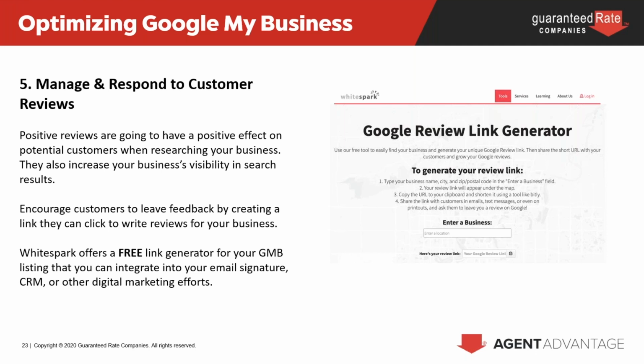Once your listing is approved and verified, all you have to do is write in your business name, which is probably going to start with your name, and it will find the listing for you and generate a review link that you can copy and paste into texts, emails, signatures, or even profiles like on Facebook. When you want to tell somebody how important it is, follow it up with a link and/or a button.